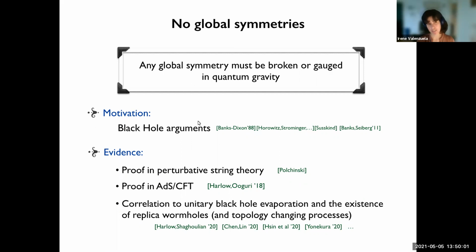The arguments of the black holes are only for continuous global symmetries, but I would take that as a heuristic motivation, not as a real proof. So then it seems that, at least from the arguments of AdS/CFT and so on, there is no difference between discrete or continuous. That doesn't really matter.